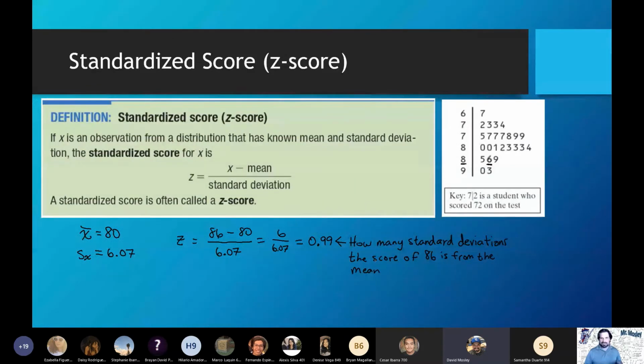And because this number is positive, it's a positive 0.99, that implies that this score is greater than the mean, and it's just about one full standard deviation greater than the mean.